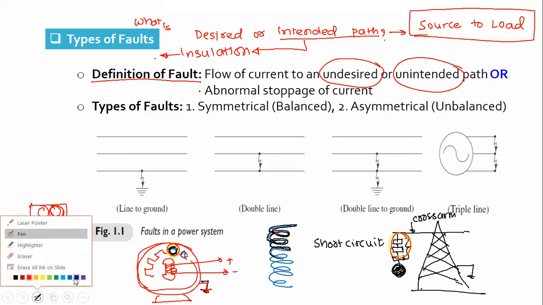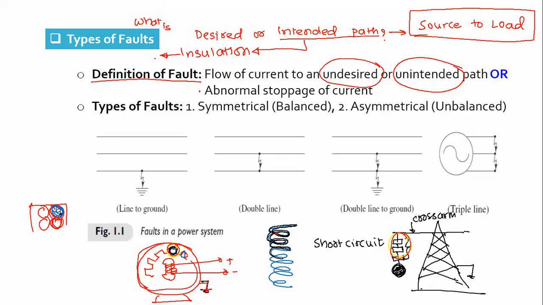Okay, you have not studied AC machine design. You will study that there may be two conductors of R phase, two conductors of, let's say, B phase in a single slot in a multi-layer winding. So what will happen if the insulation between these two phases fails? The two phases will come into contact and it will result in a line-to-line fault.